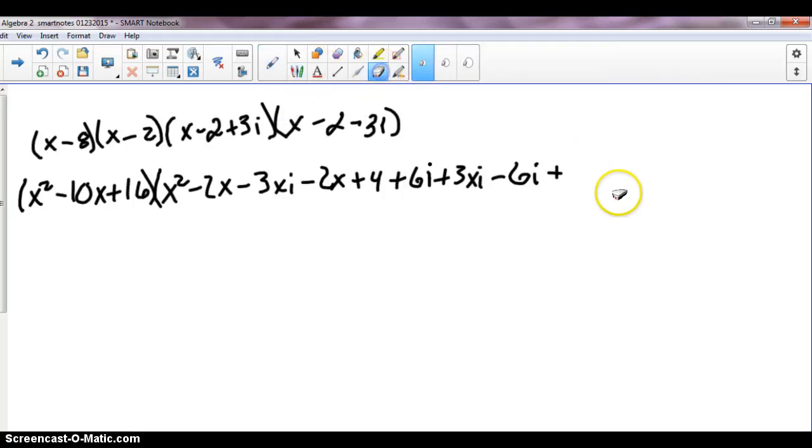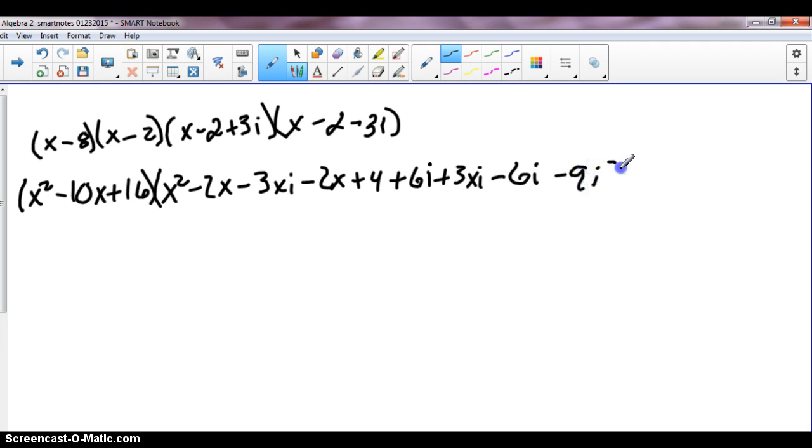I'm going to have to erase that there. Let's see, that's going to be negative 9i squared. It's a lot, but it's not hard. It's just a lot of it. So let's keep our polynomial here.